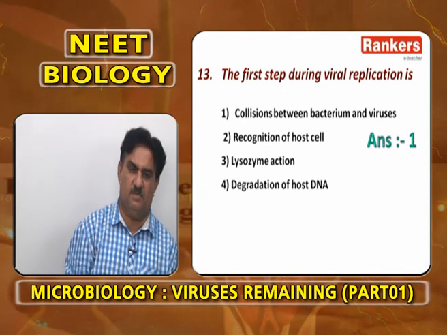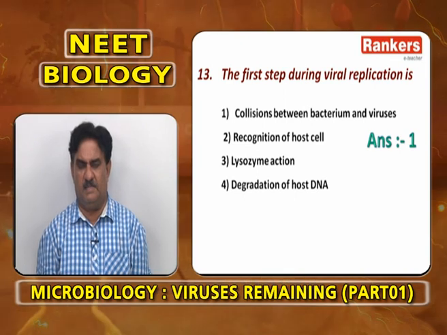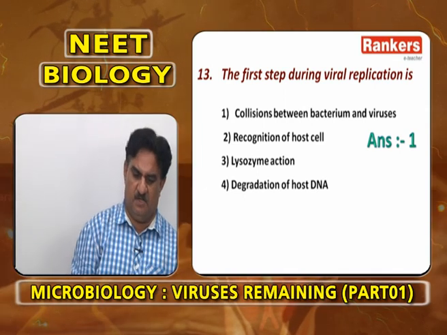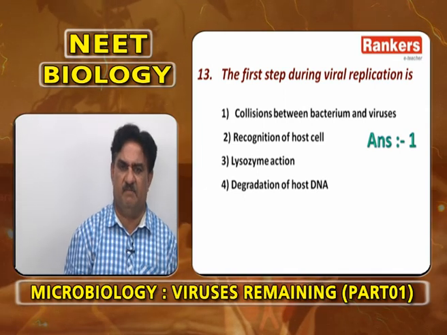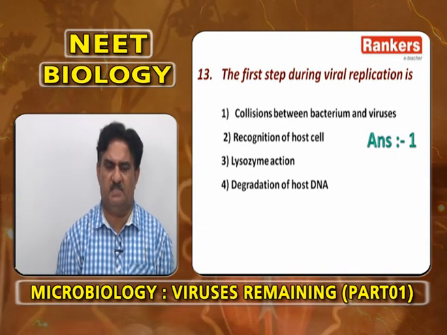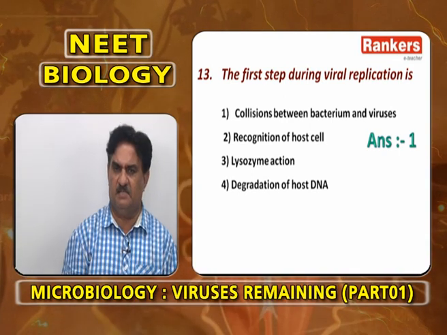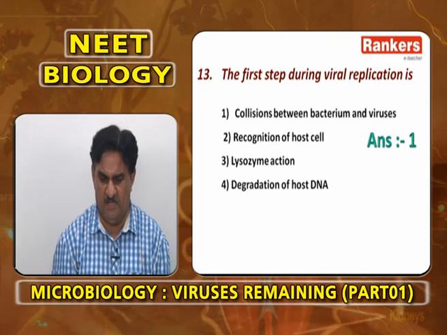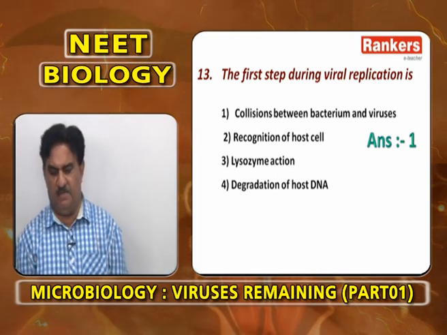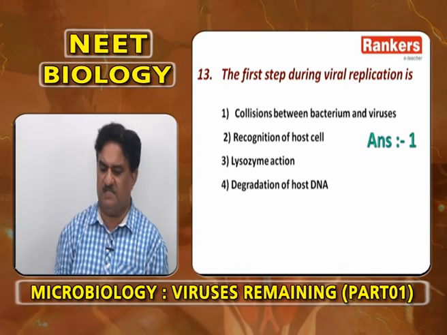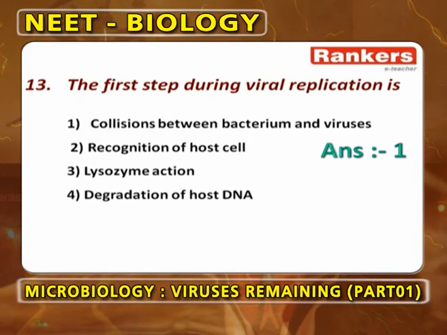A bacteriophage goes and attaches to the bacterial cell at a particular place. This is called collision, and collision is always irreversible. Only the viruses go near the bacterial cell; the bacterial cell does not come nearer to the virus.